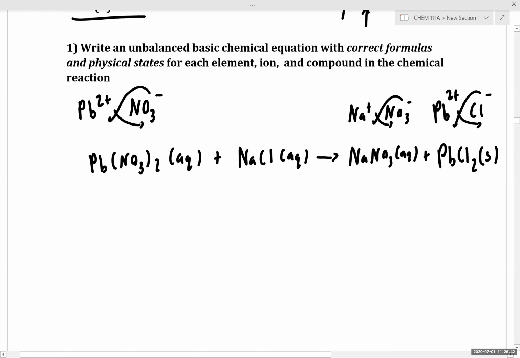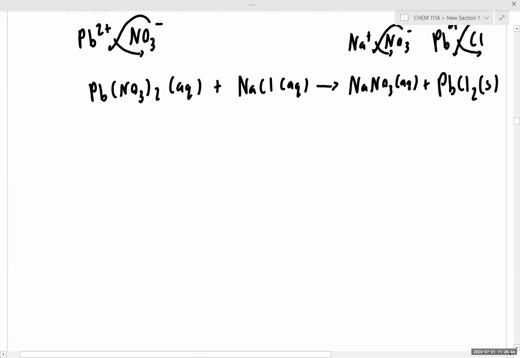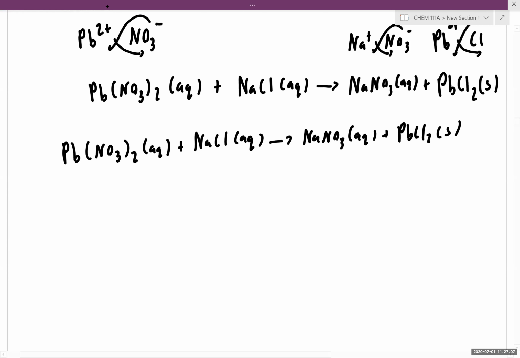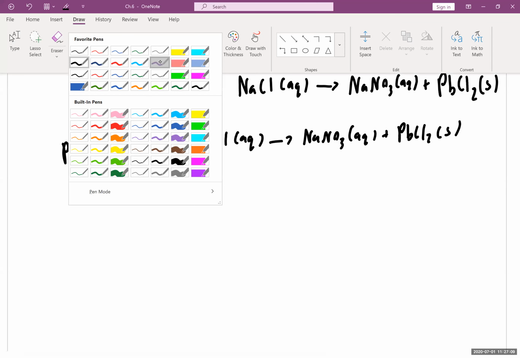Okay, so now that we have our unbalanced chemical equation, let's just write that out right here. So now let's count the atoms of each element.